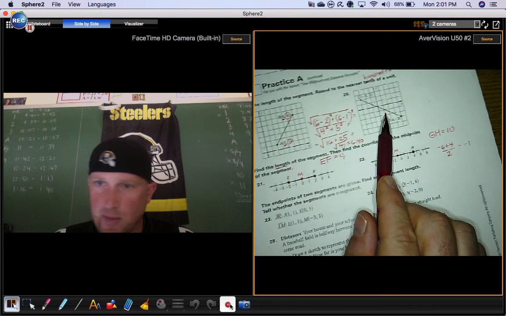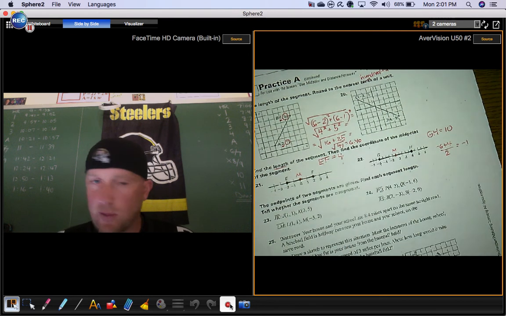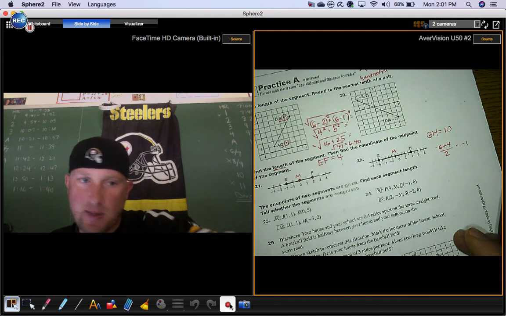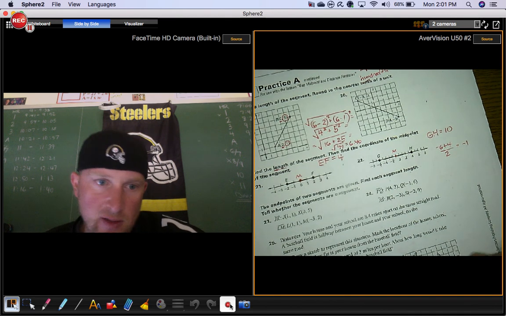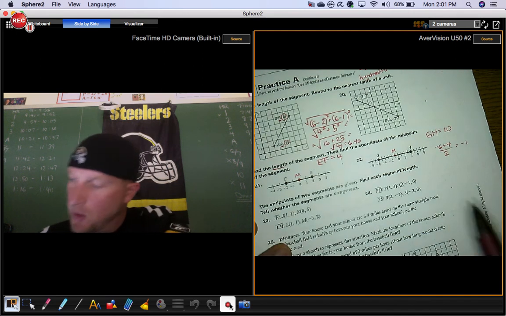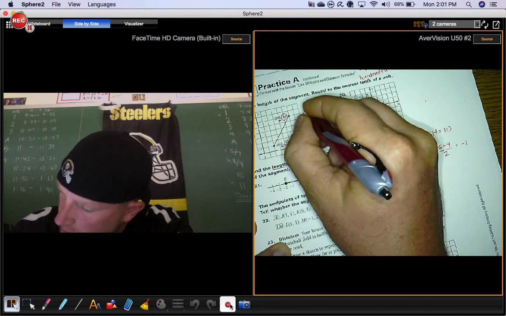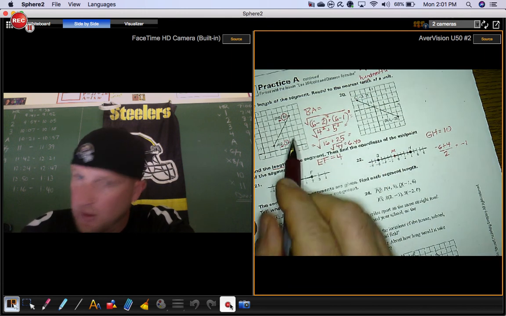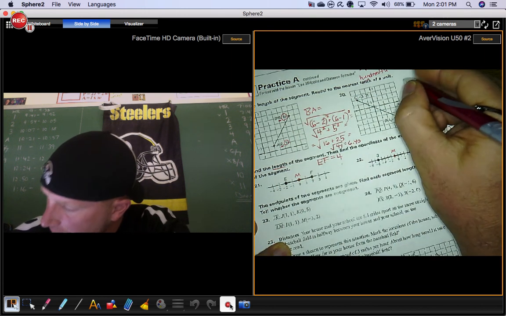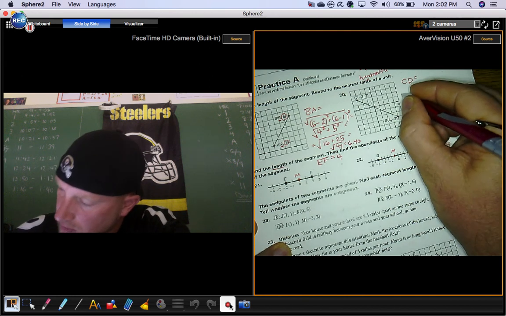Now we're going to do the same thing for number 20. Again, it's a diagonal. I'm just going to type this one straight into the calculator so you can see that it's really easy as long as you know how to do that. Okay, so this was distance from B to A over here on this one. Over here we're finding distance from C to D, and here's how that looks.